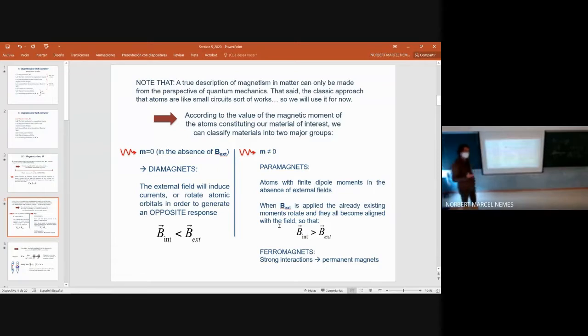So if you have an atom that has its electrons running around, they are sort of like a current. So we can think of them as generating what's called an orbital magnetic moment. That is still not too much of a stretch. That's quantum because it's an atom, they are electrons, so they are not truly like a classical current, but it's a fairly close description of a current loop.